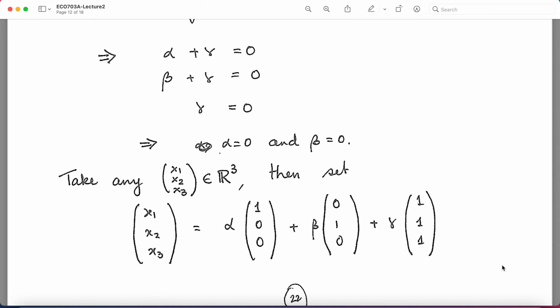Those coordinates, as I said, are the unique alpha beta gammas whose linear combination actually builds up this x1 x2 x3.